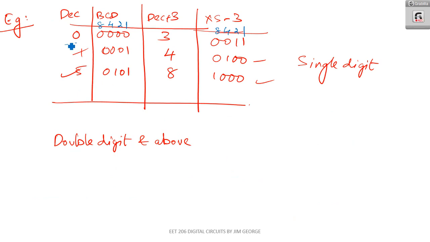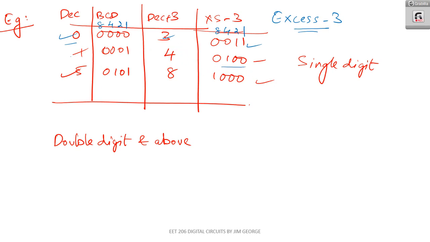Whereas if you need to get the XS3 code, XS3 means you need to add 3. So the XS3 decimal of 0 is 3 and the XS3 code is 0011. Similarly, XS3 of 1 is 4, and the corresponding XS3 code is 0100.